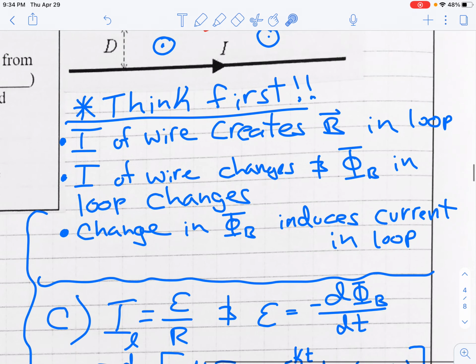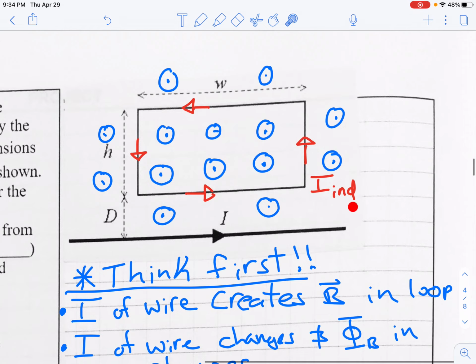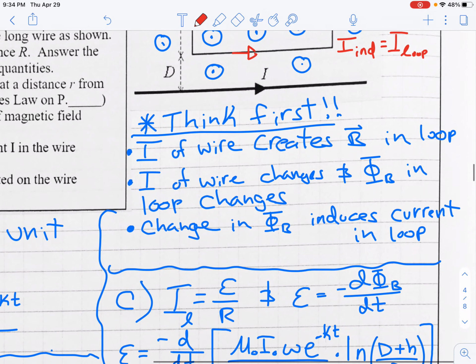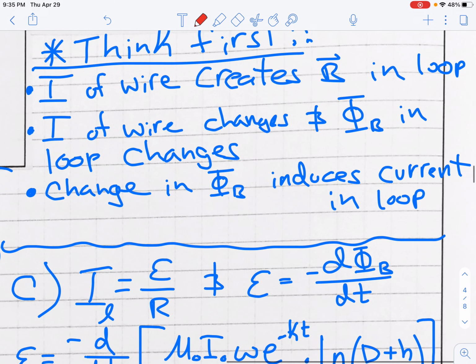So we use I for the loop is epsilon over R, and that's what I had labeled I induced here. That is I of the loop, right? And remember, epsilon here is just a voltage, and that voltage is negative d phi B dt. That's Faraday's law, right?